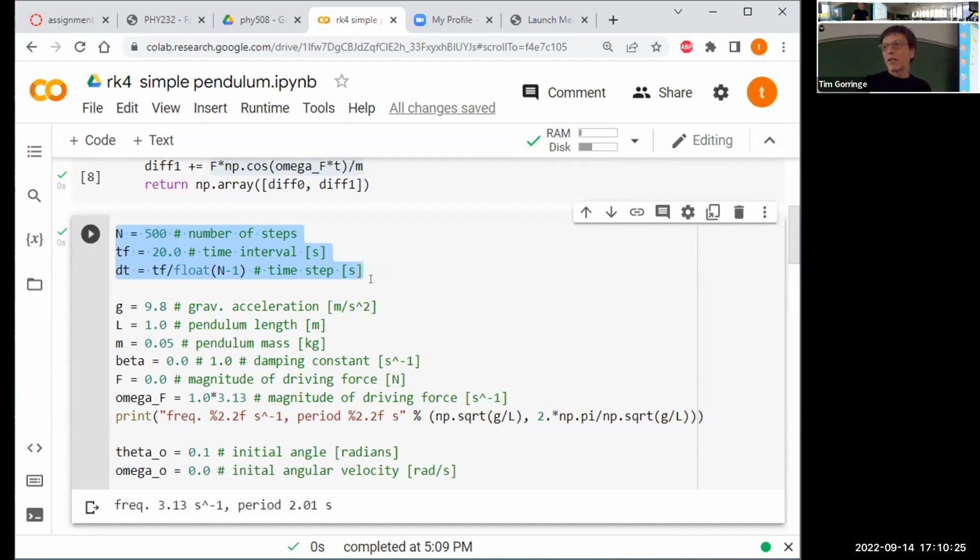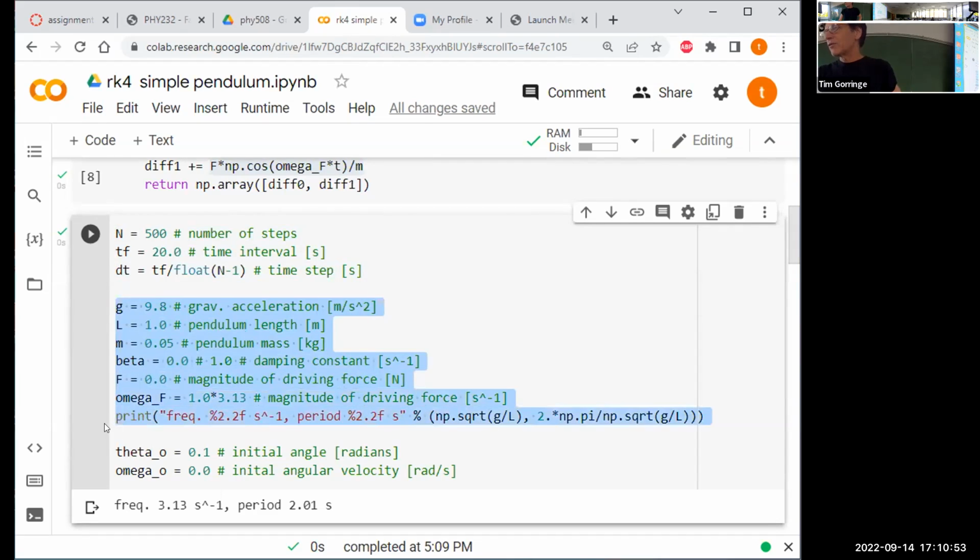And I'm calculating the spacing between the individual discrete times from the 20 seconds divided by my 500. So that's the discrete time world that our pendulum is going to live in.